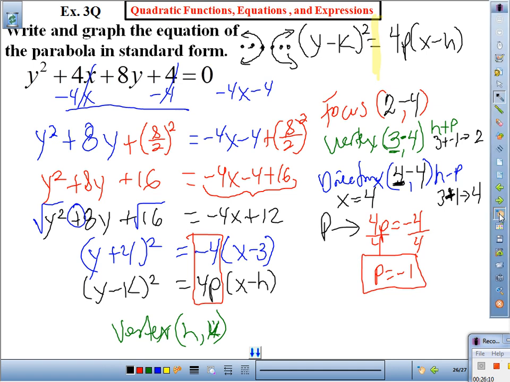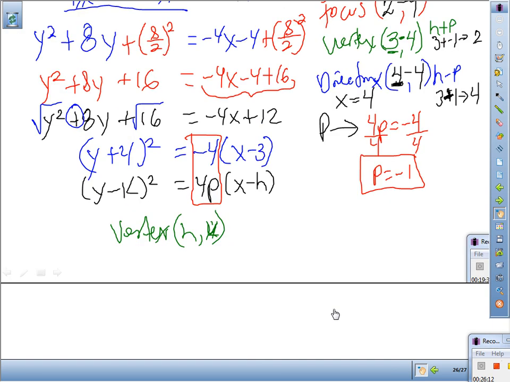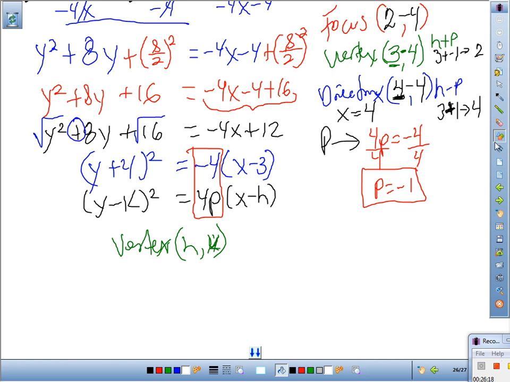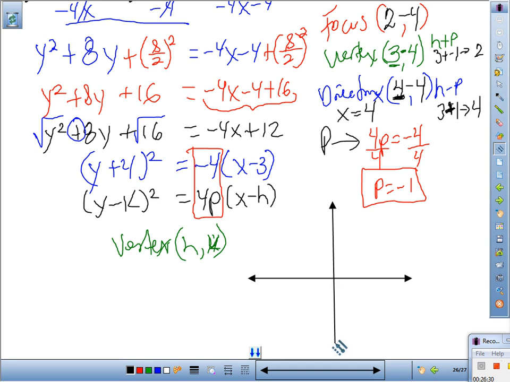All right, let's graph. Get your graph paper in front of you. Once again, plot your 3 points, your directrix, and then your parabola. Okay? There you go. And start with my focus.